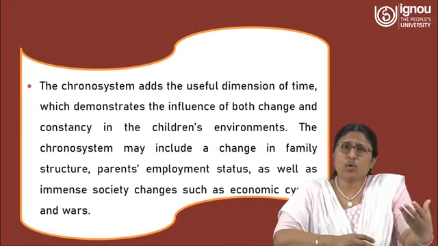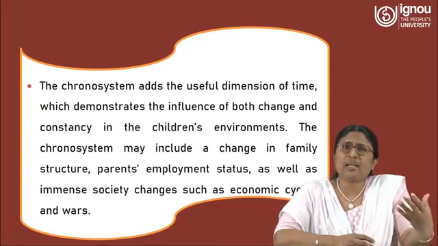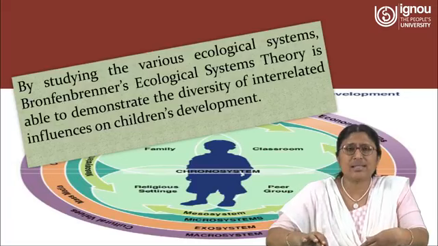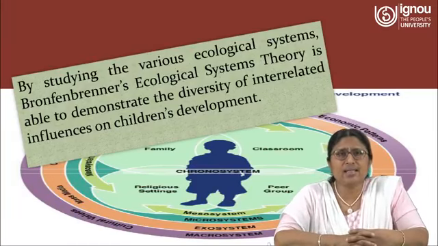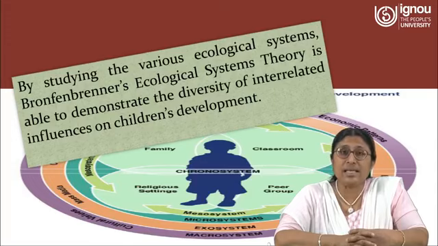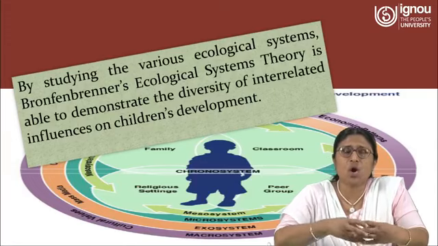So time also, the chronosystem, influences the development of the child. By studying the various ecological systems, Bronfenbrenner's ecological systems theory is able to demonstrate the diversity of interrelated influences on children's development.